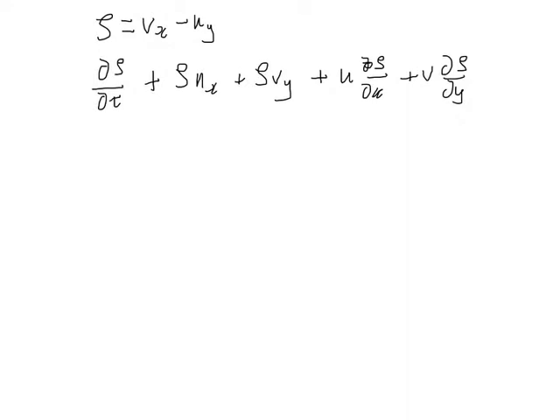Plus u times f sub x plus v times f sub y plus f times (ux plus vy) is equal to 0. Recall that everything cancels on the right-hand side because of the equality of mixed partial derivatives.